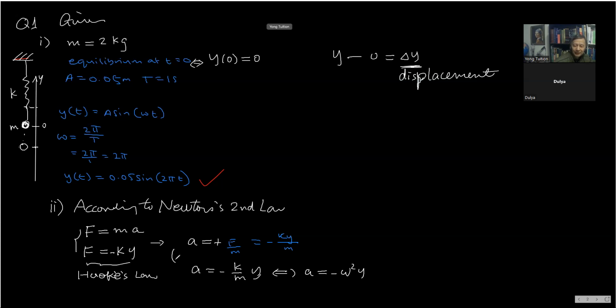Here you just compare these two. Omega equals the square root of K over M. These two quantities must be identical.